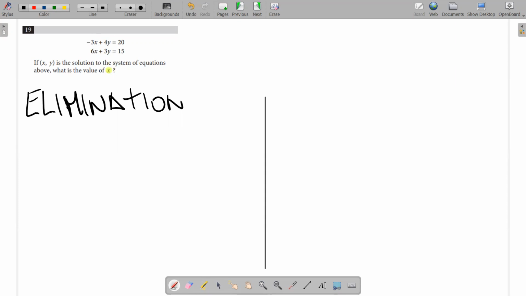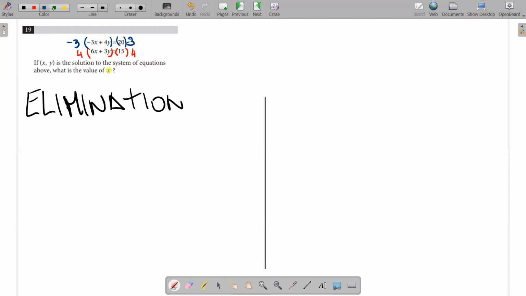Since the first equation has a coefficient for y that is 4, and the second one has a coefficient for y that is 3, the two numbers that we can use to make them equal are 3 and 4. We can multiply by 3 on both sides here, and by 4 at the bottom. Actually, on the top, I'm going to multiply by -3.